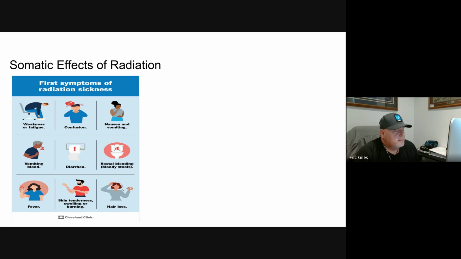So we can see that radiation sickness is no joke. We look at patients that are undergoing a lot of radiation for cancer. They're dealing with some of these things, and I just want you to know the importance of radiation safety, which we'll dive into in the next couple of weeks. Just keep your patients safe and keep yourself safe.